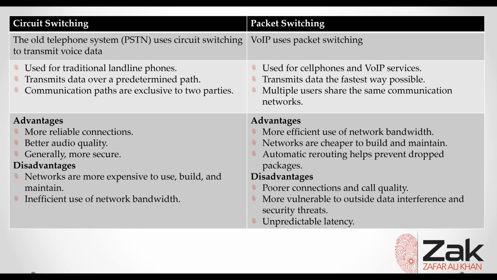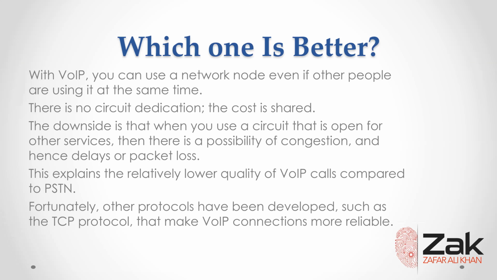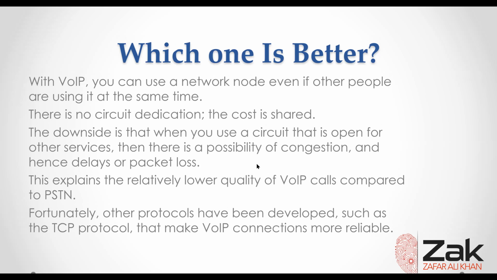So, which one is better? Let's talk in terms of voice over IP only and landline. With voice over IP, you can use a network node even if other people are using it at the same time. There is no circuit dedication, the cost is shared.